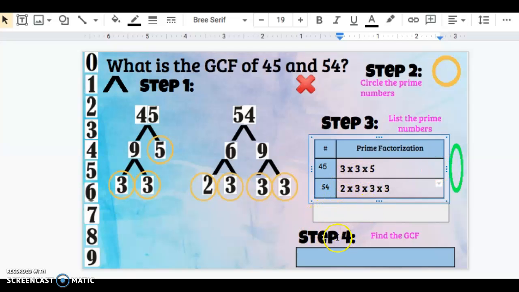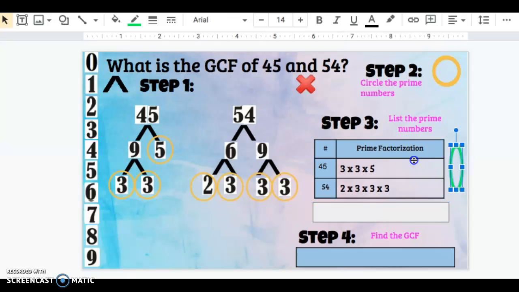Okay, so now that I have my numbers listed, I'm going to begin by circling the numbers that match. Remember, you're matching socks. So you're going to circle your 3 and 3. And then I'm going to put this 3 with this one over here. That little dot helps you angle your circles. So I'm going to make that 3 go with this 3. And then I have another set of 3s that match.